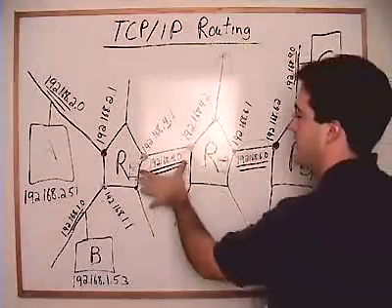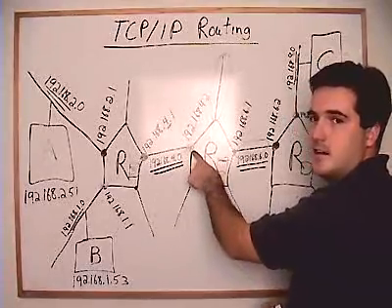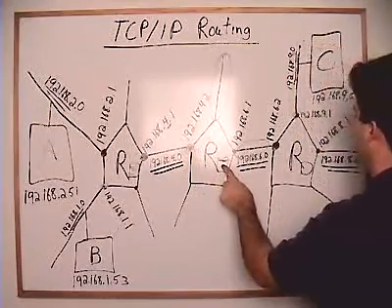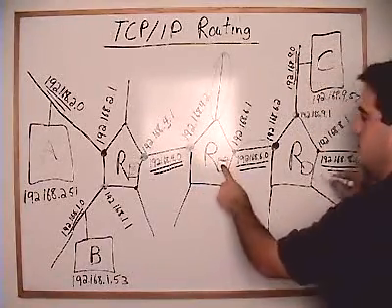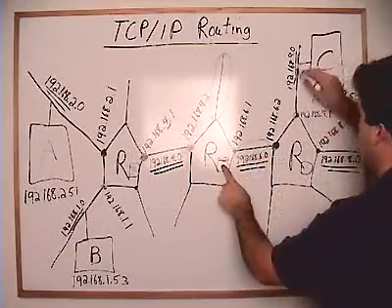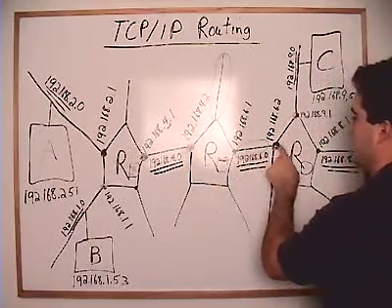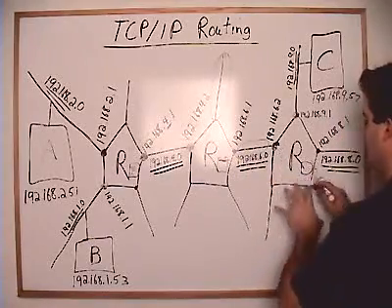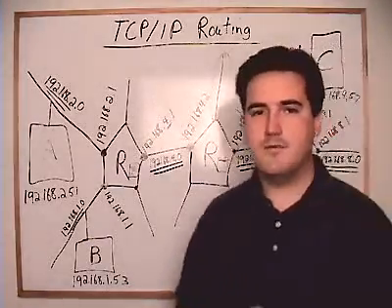Now, once we've done that, it's still not going to get there unless we add a static route to this router that will let it get to these subnets, these network segments. And so the static route that will let it get to these segments is going to be this. So get me to this router so that he can read his own route table, send me to one of his configured interfaces.